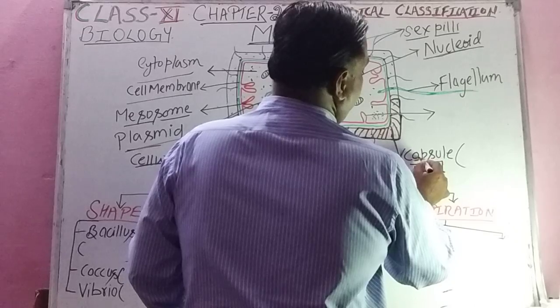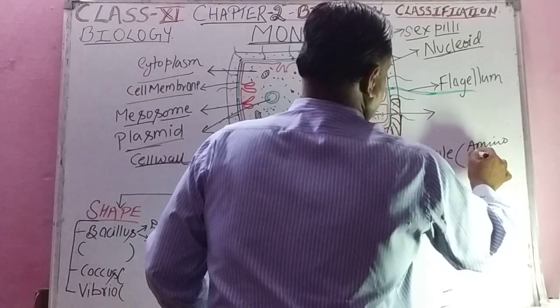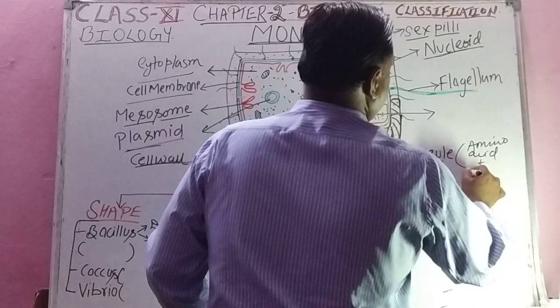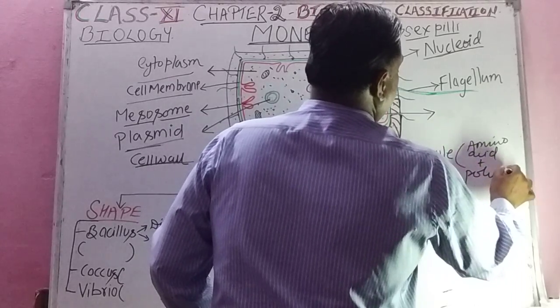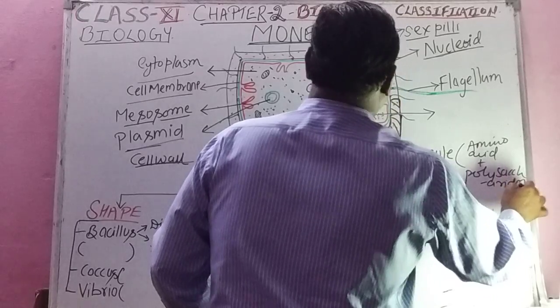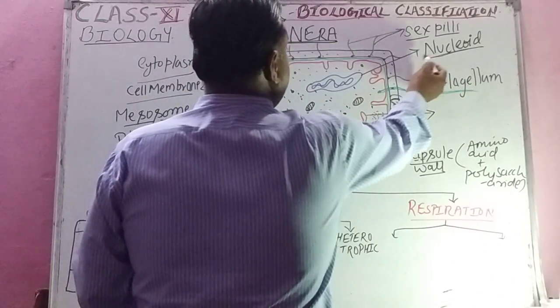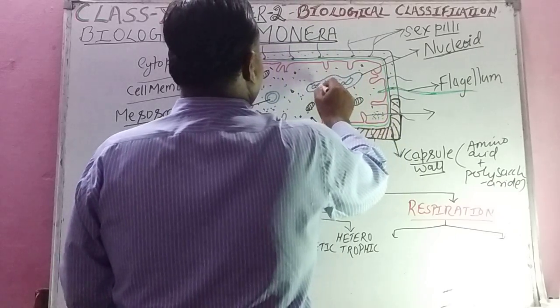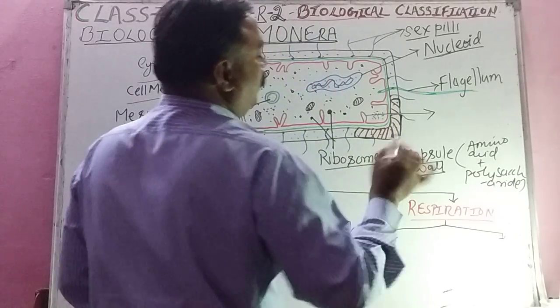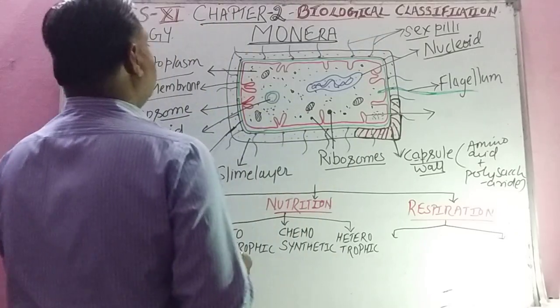A and P we will underline: A for amino acid plus polysaccharide, isn't it? And this locomotory organ is flagellum, and this is nucleoid, the genetic or nuclear material, but it is not bounded by any membrane. And these projections help in sexual reproduction, sex pili.